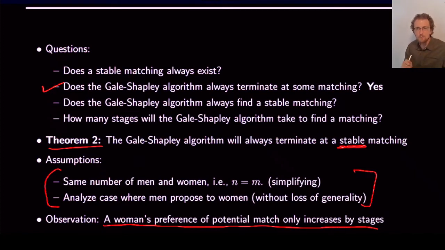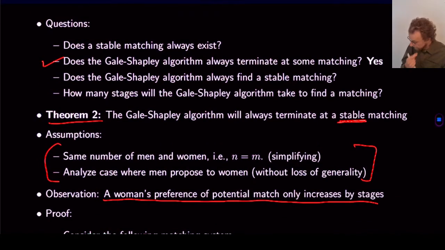They never decrease. If a woman ever rejects a proposal, the only reason she would is if the new person is better than the last person she was connected to. So in the Gale-Shapley algorithm, the longer the algorithm runs, the better things look for each of the women.